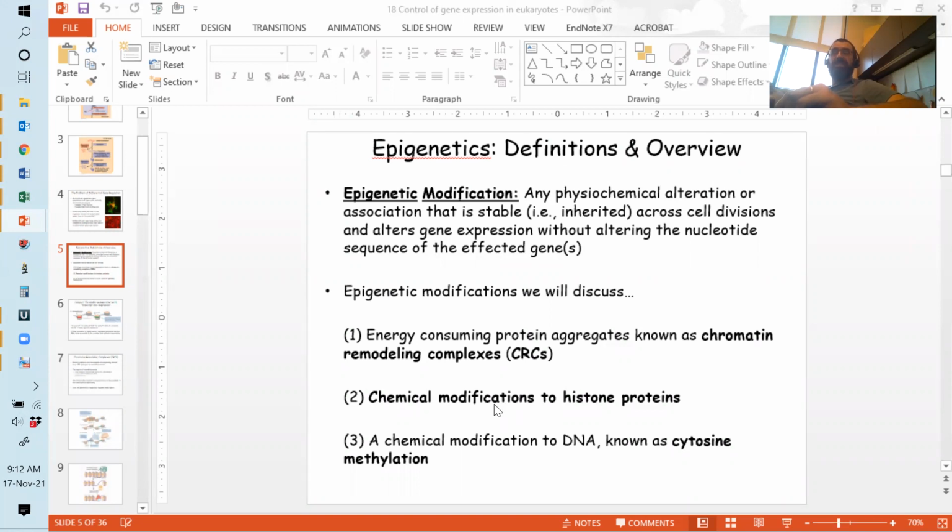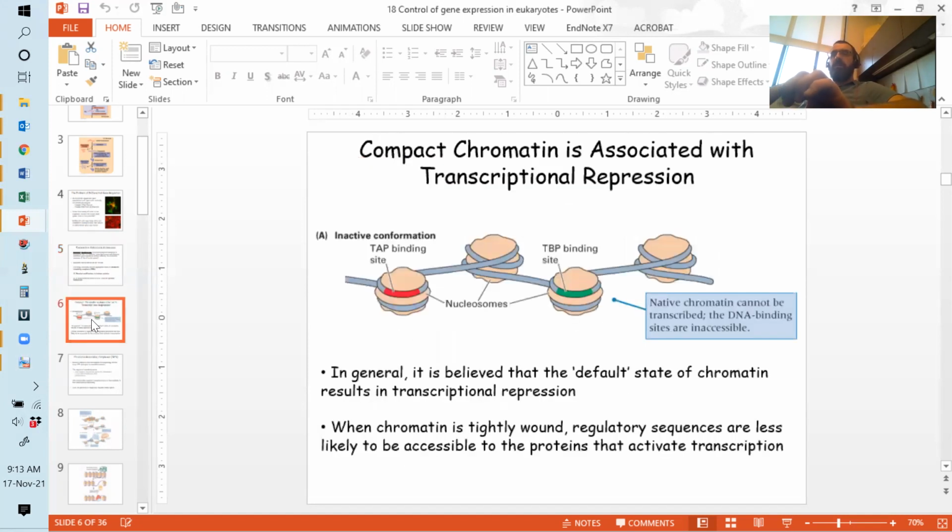Remember, histones are what DNA is wrapped around to form chromatin. And also modifications of DNA, which is something called methylation. So there's actually a lot going on here. This is an astonishingly complex subject, particularly number 2 here. There's an awful lot going on and an awful lot we don't actually understand.